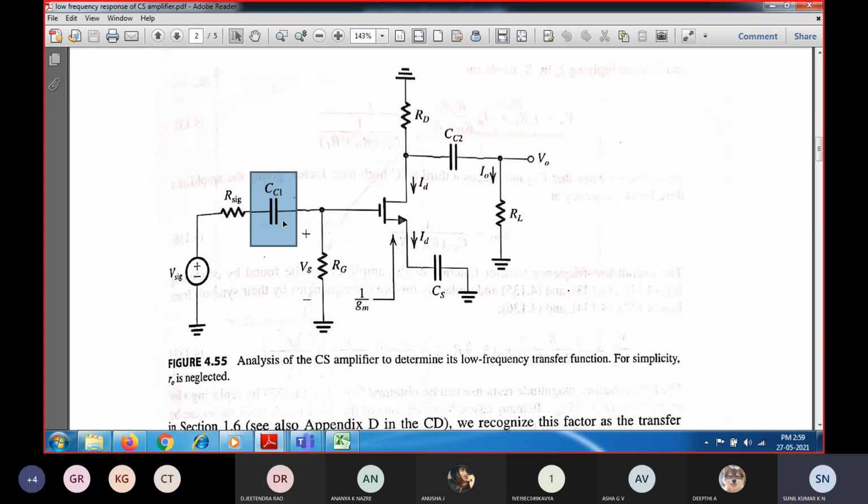Whenever the capacitive reactance corresponds to the frequency F equal to FH, at that instant you can see the gain getting reduced to half power frequency.